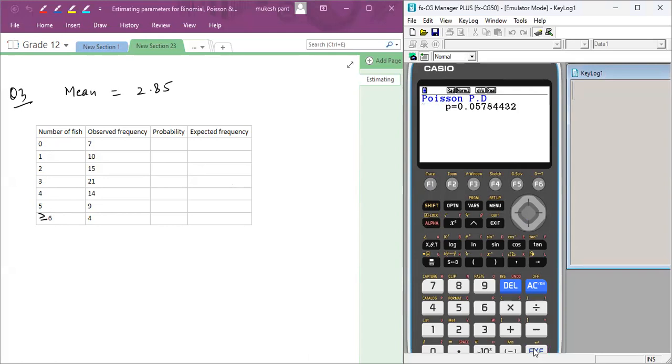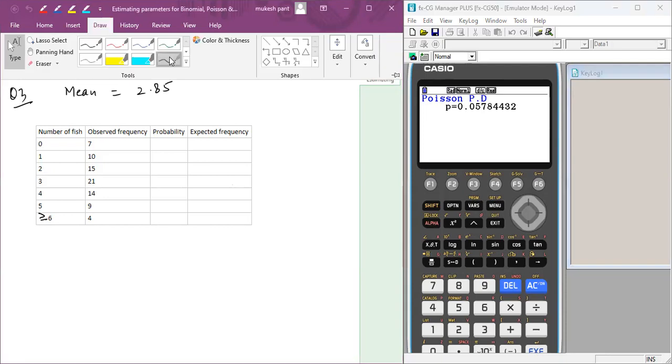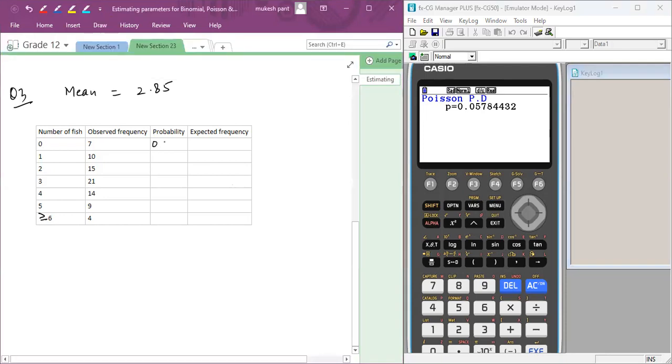We are getting 0.0578. So you write this value over here, 0.0578. You can write this up to 3 significant figures. Most of the time we write 3 significant figures, or otherwise, for probability, we write up to 4 decimal places. You can choose either one, right?